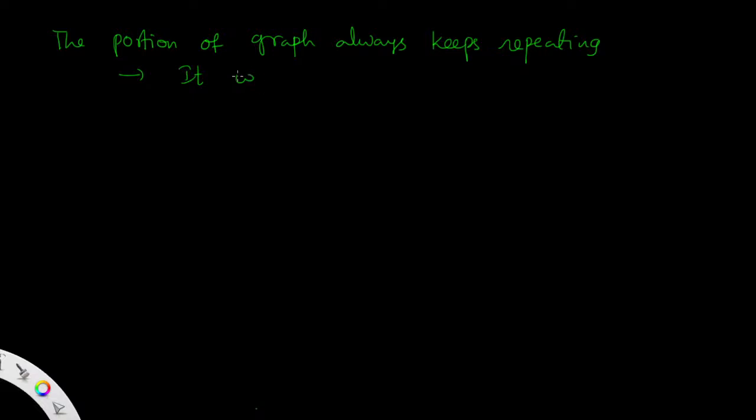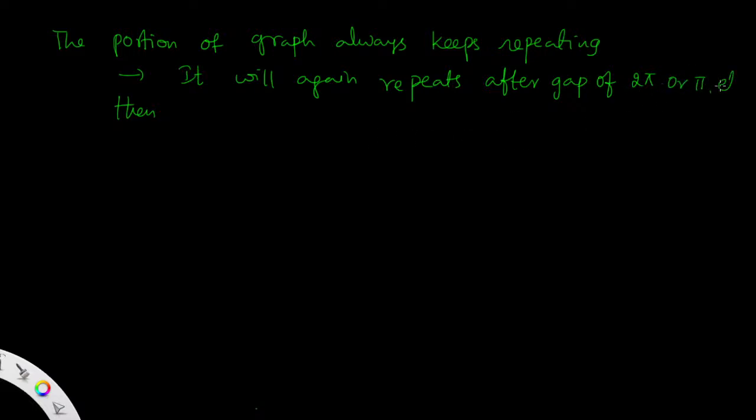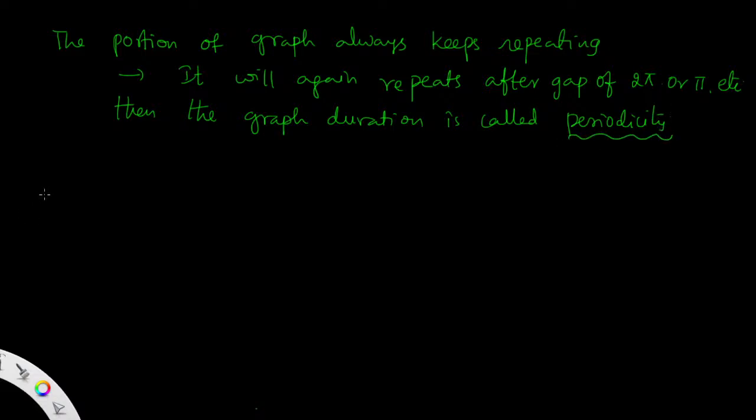It will again repeat after a gap of 2 pi, pi, or any value, and then that duration is called the periodicity. So the graph of a periodic function repeats after a fixed length of the interval, and the fixed length is called the periodicity.